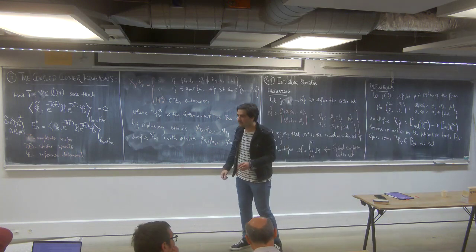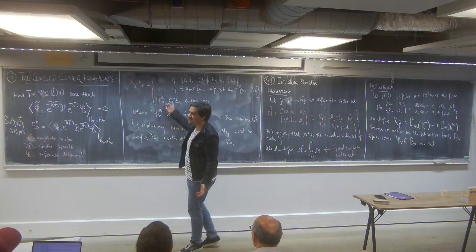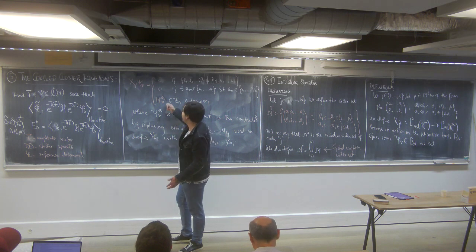Shouldn't the psi A mu depend on L as well? Yeah, it depends on L, but there's only enough space to write so much. The reason I wrote an A here is because that's what you add.